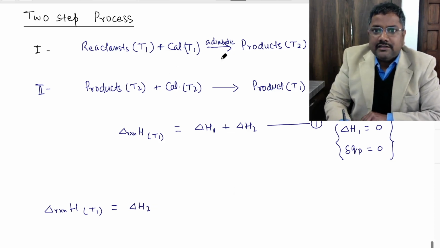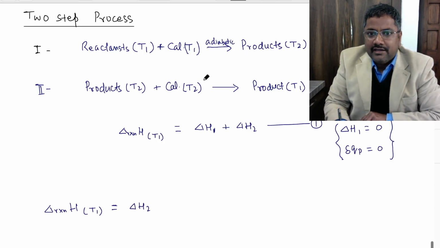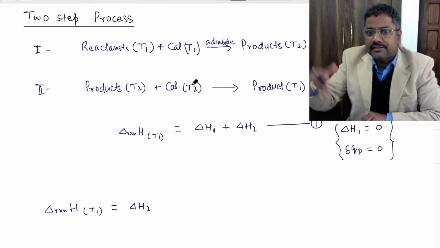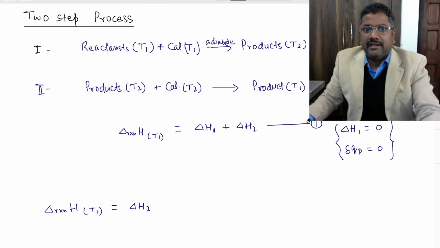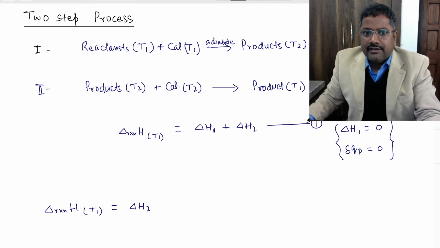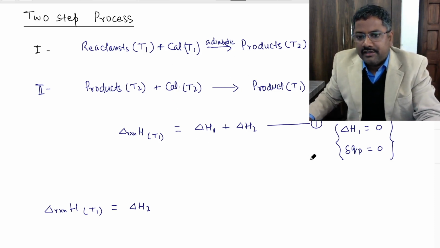So the first step is adiabatic here, and in the second step the heat is given out. Whatsoever heat is given out in the cooling process, that is basically the delta H of the reaction.